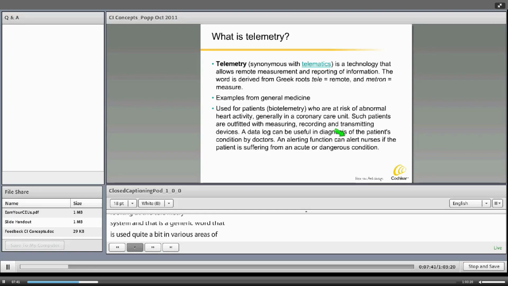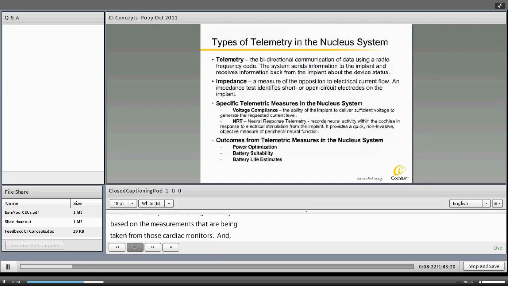It is strictly translated as a remote measurement system, and where most people are aware of telemetry is in cardiac cases, where a number of patients in a cardiac ICU are all on monitors, and at the nursing station there is almost like a command central where they're able to look at all of those monitors and track how each person is doing remotely, based on the measurements being taken from those cardiac monitors.